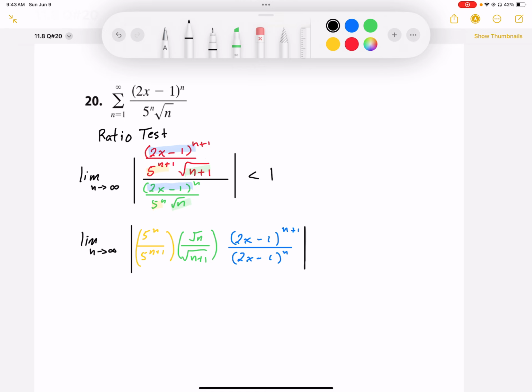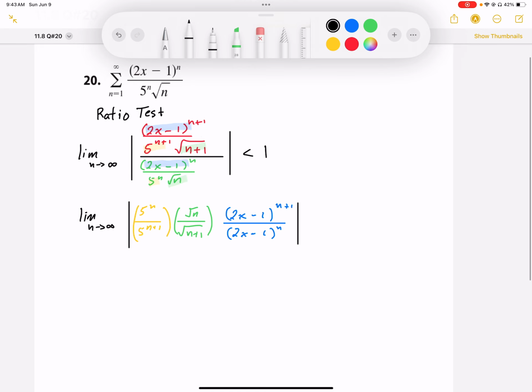Now things will cancel out here. So we have the power rules for the exponential parts. So we're going to set this up as a limit as n approaches infinity. Base 5 becomes 1 over 5.